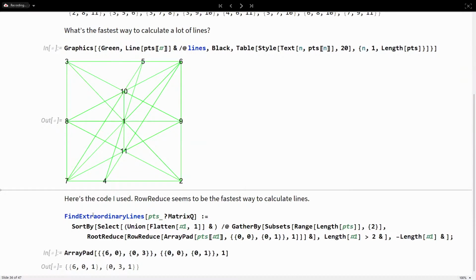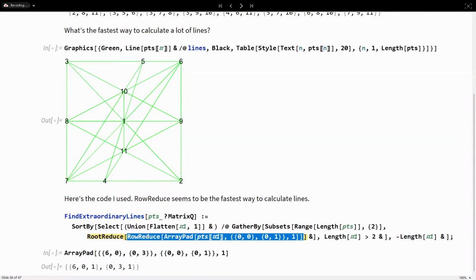So here's the code for find extraordinary lines, and at the center here it has row reduce, and basically we append ones. For example, here we have 2 points, 6, 0, and 0, 3.